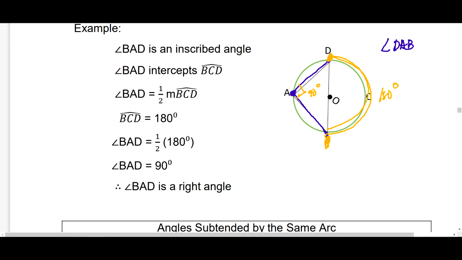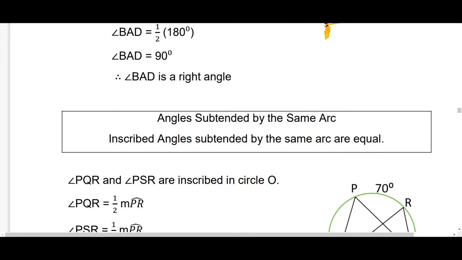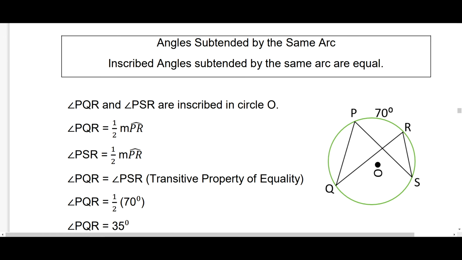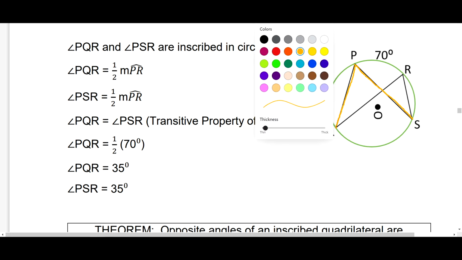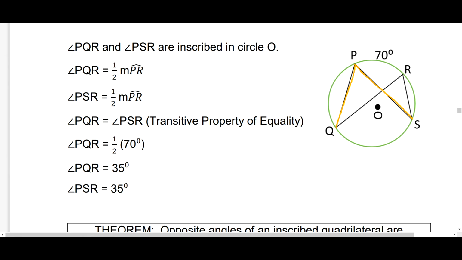Next. Inscribed angles subtended by the same arc are equal. So, ano yung ibig sabihin nun? Kunyari, ito. Angle QPS. Ang ini-intercept niya is si arc SQ. Diba?